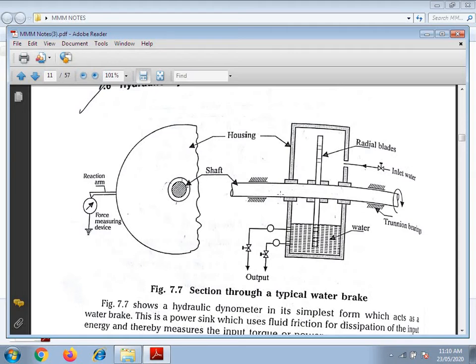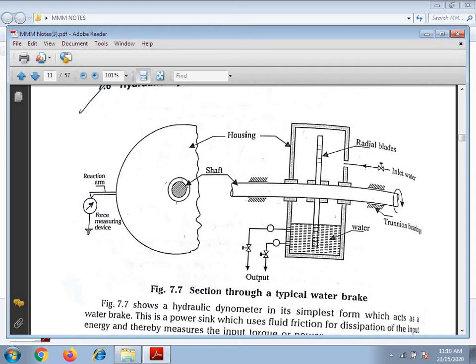The capacity of a hydraulic dynamometer is a function of two factors, speed and water level. The power consumed is approximately a function of the cube of the speed. The torque is measured with the help of the reaction arm. The power absorption at a given speed may be controlled by adjusting the water level in the housing.